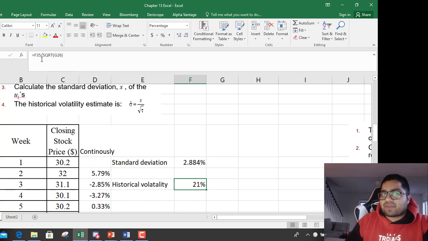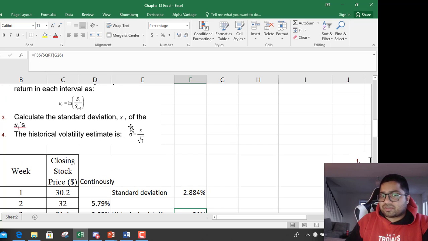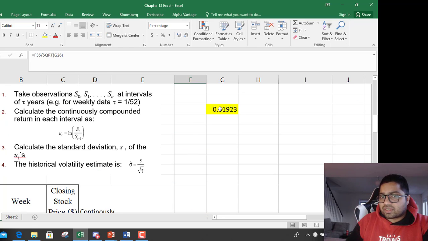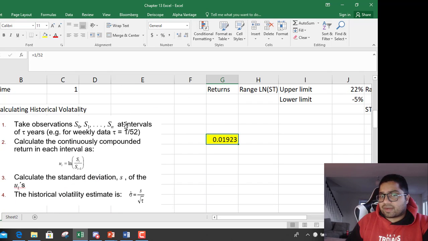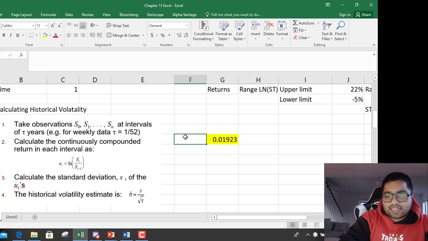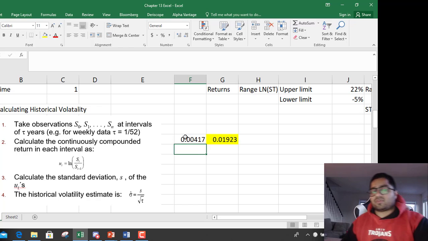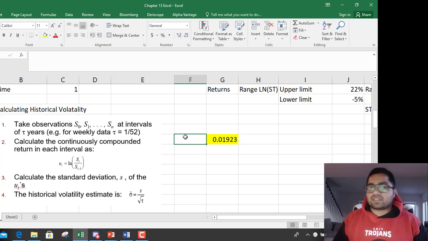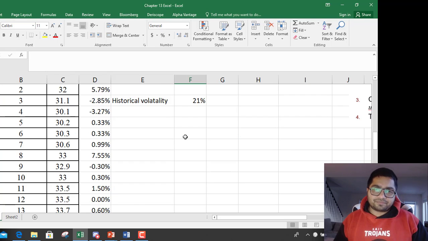Then we find out historical volatility using this formula: S, the standard deviation that you have found, divided by the square root of row. Row is weeks, so 1 divided by 52. If it was days, it will be 1 divided by trading days. So let's say there are 240 trading days, so 1 divided by 240. We do not consider the calendar year. We consider trading days.